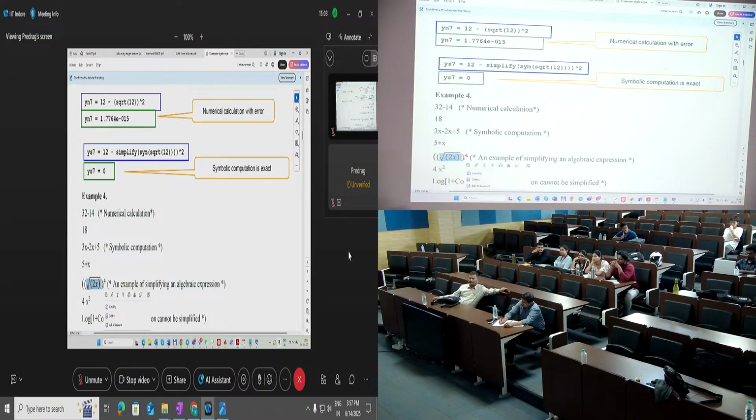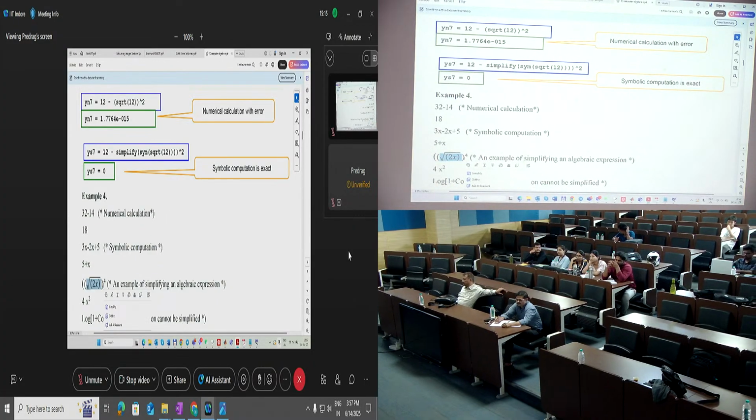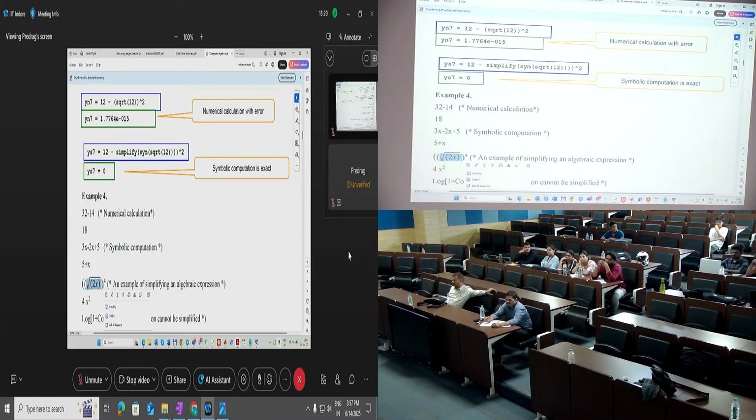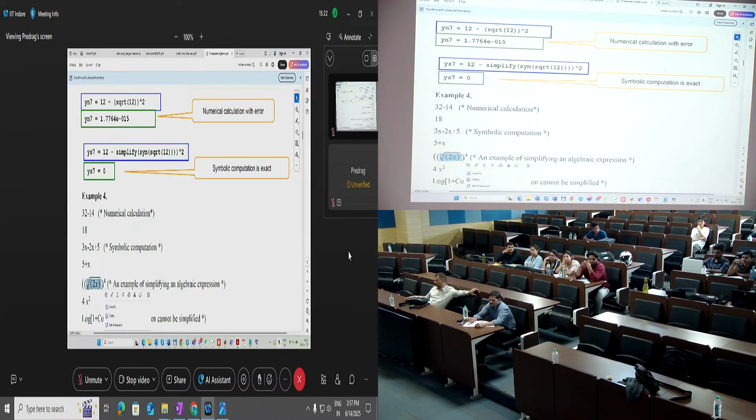Such kind of simplification is desirable in symbolic computation. If we have no such simplifications, then the obtained results will grow rapidly, exponentially.